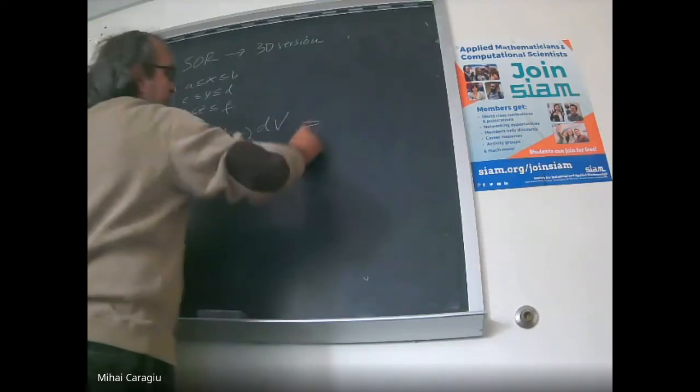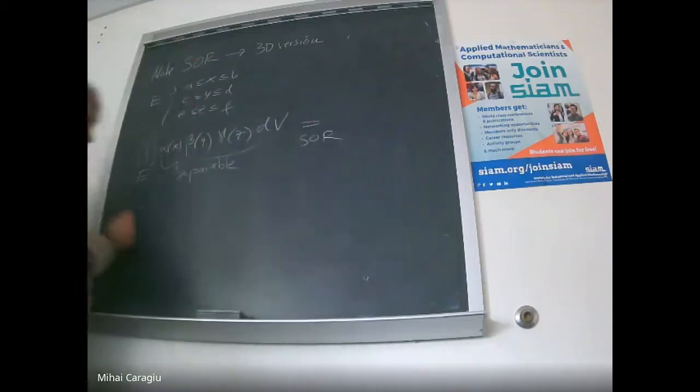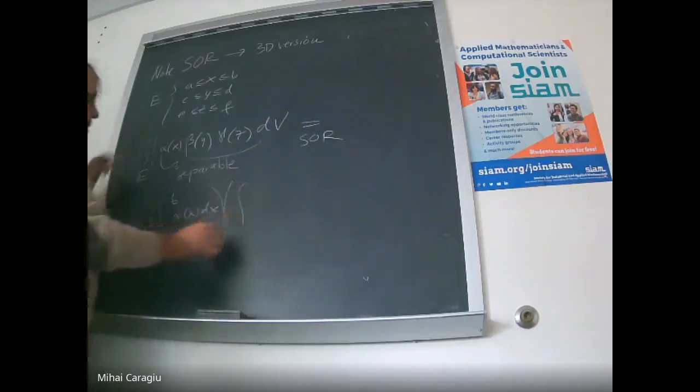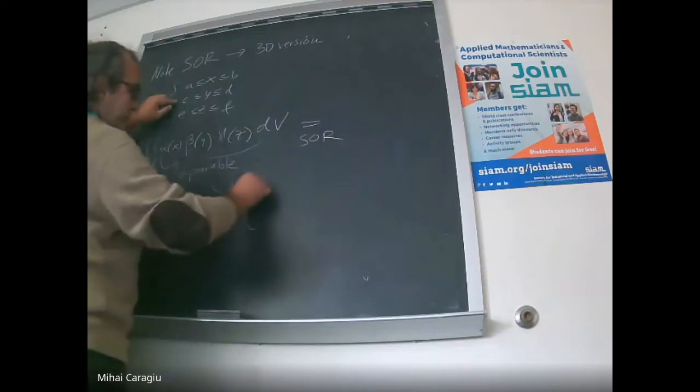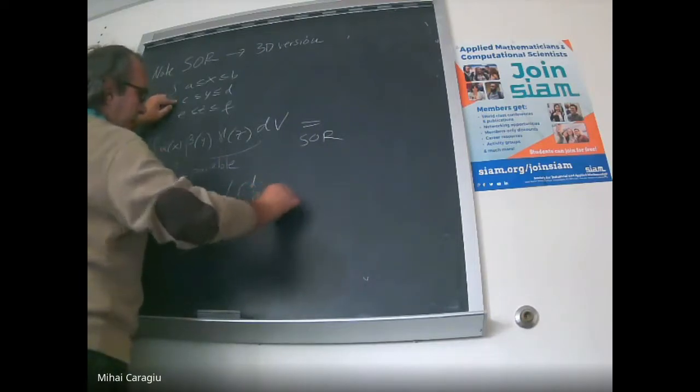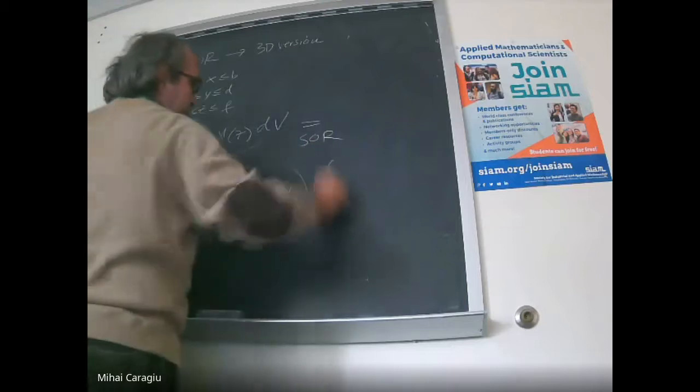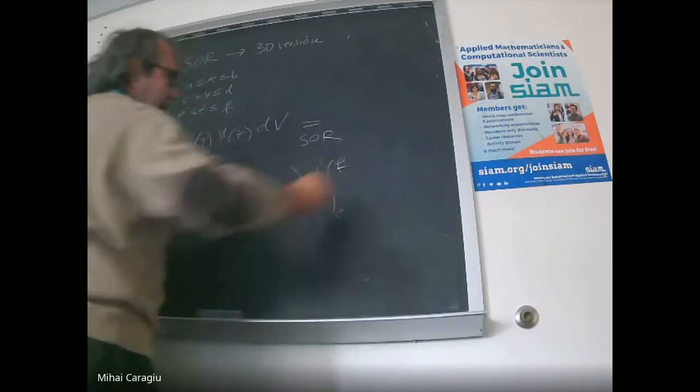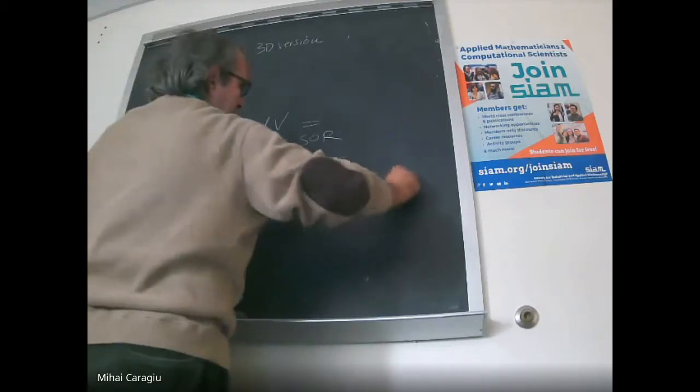Separable means a product of a function depending on x times a function which depends on y only times a function which depends on z only. So in this case, separable over rectangles gives us the integral from a to b of alpha of x dx times the integral from c to d of beta of y dy times the integral from e to f of gamma of z dz.